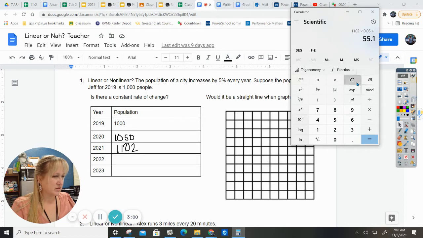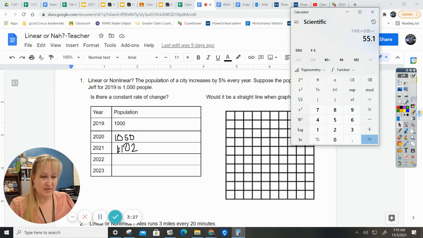Something doesn't look right there, so I'm going to redo that. 1102 times 0.05 equals 55.1. Well, we can't have 0.1 of a person, so we're going to have to round that to 55 people.